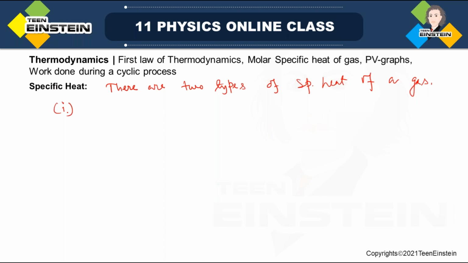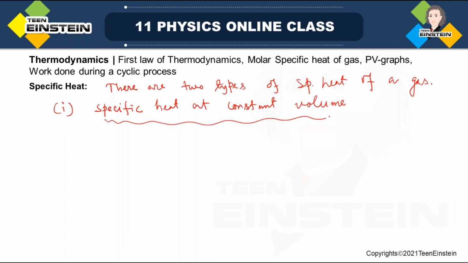One is the specific heat at constant volume. What does that mean, and how do you denote it? Those things we'll discuss.